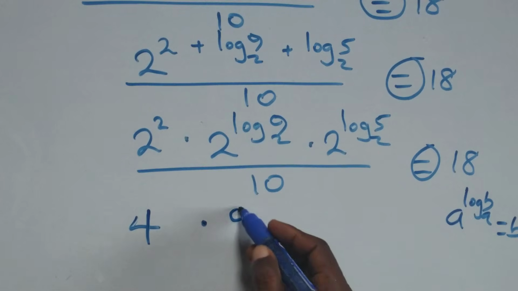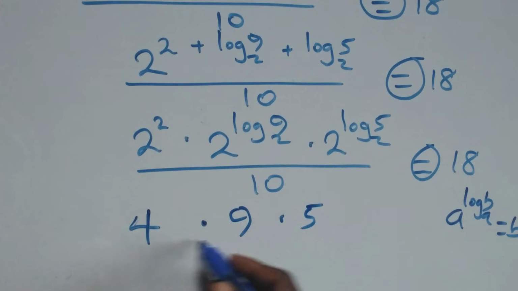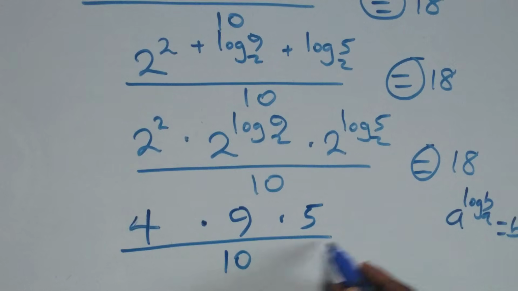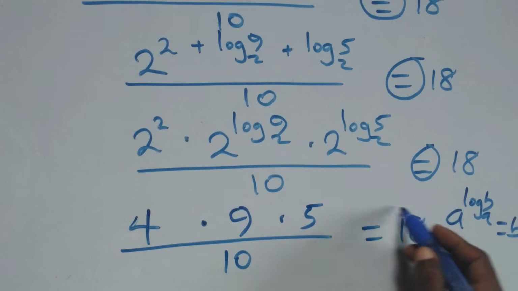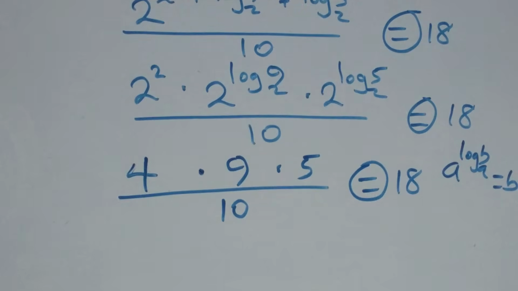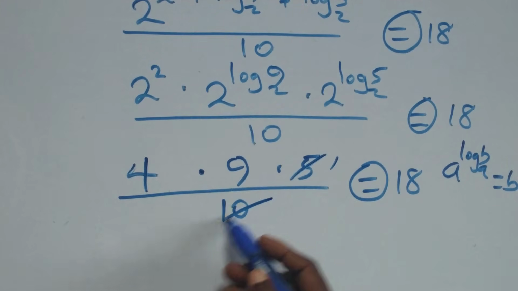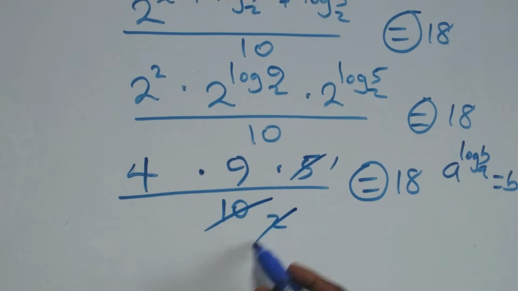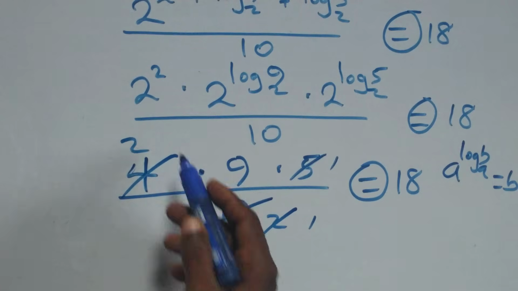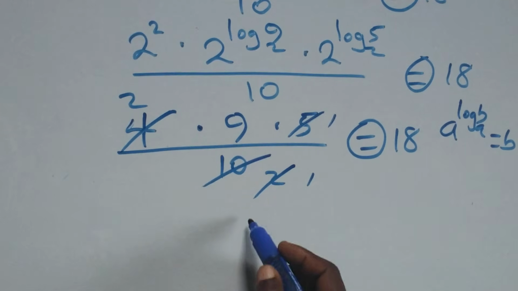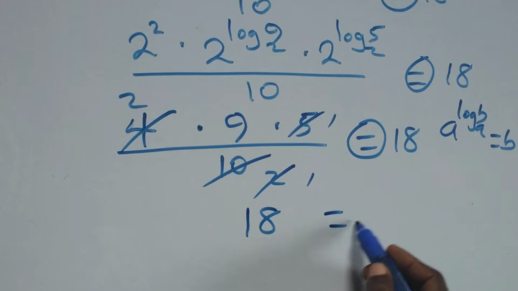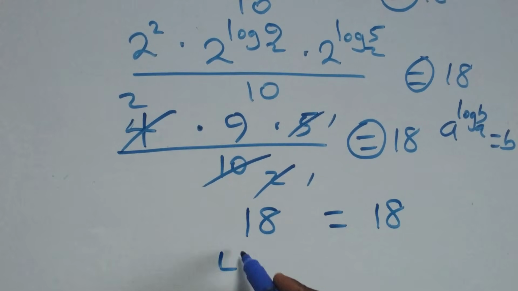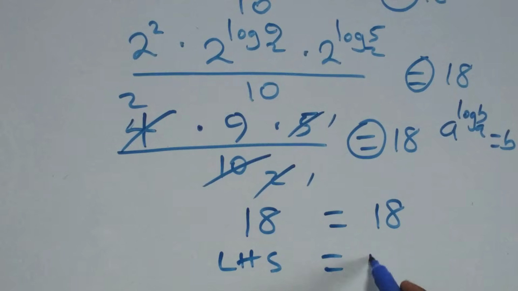So this is the same thing as 4 times 9 times 5 over 10. Is it equal to 18 on this side? And 5 goes in 5, 1, 5 goes in 10, 2, 2 goes in 2, 1, 2 goes in 4, 2. And 2 times 9, that's 18, which equals 18 here. Left hand side equals the right hand side.